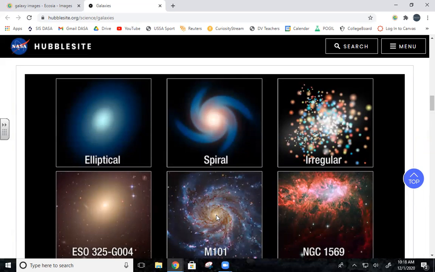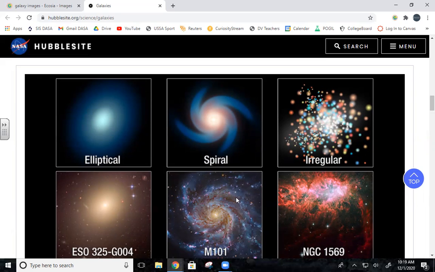And so really what's going on is that all of these stars are kind of orbiting around the center of the galaxy. They do it in a weird way, though, and we'll talk about that in a little bit. They do it in a way that doesn't make a lot of sense when you talk about Newtonian physics, Newtonian gravity. Something else is going on there, so we need to talk about that.